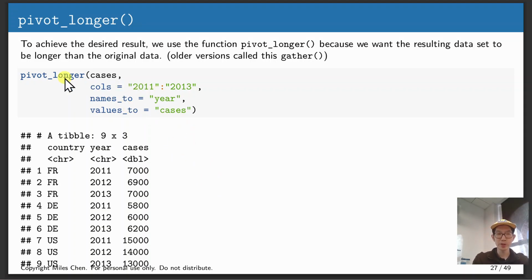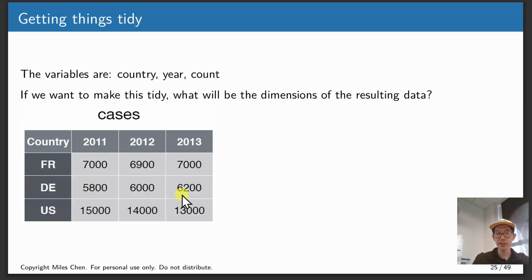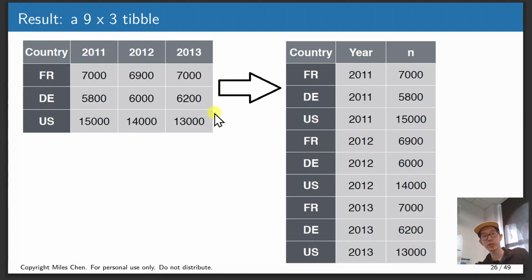Okay, so the call is you say take your current table, so pivot longer. What are you going to pivot? The cases table, which looks like this. This is the cases table, and we're going to pivot longer. The columns that are going to be pivoted are the columns 2011 to 2013.